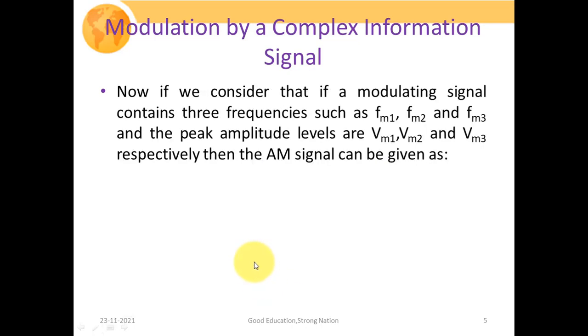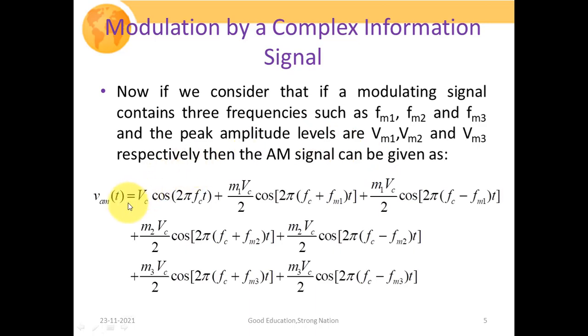So now if we consider that the modulating signal or message signal, instead of a single frequency component, contains three frequency components whose frequencies are fm1, fm2 and fm3, and the peak amplitudes associated with those components are Vm1, Vm2 and Vm3 respectively, then the amplitude modulated signal can be obtained from the past expression by putting in all those values.